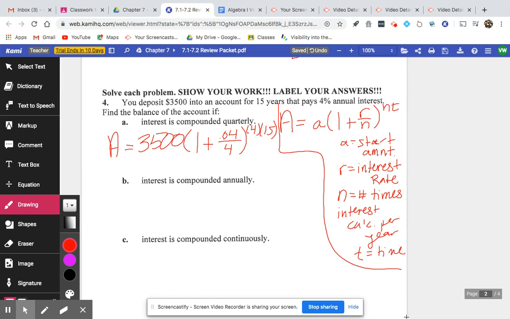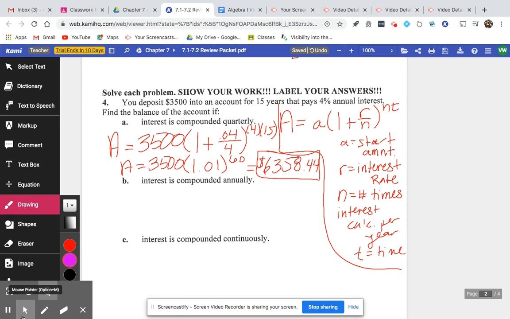When all is said and done, A equals 3,500 times 1.01 to the 60th power, which gets you an amount of $6,358.44.